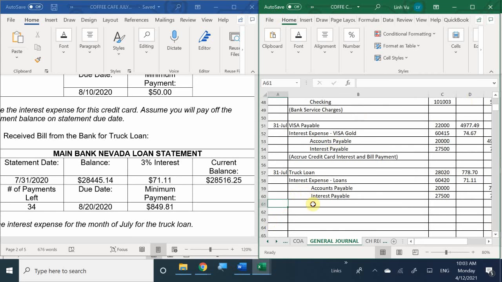So once again, I'm going to write here: accrue loan interest, and accrue interest for truck loan and bill.